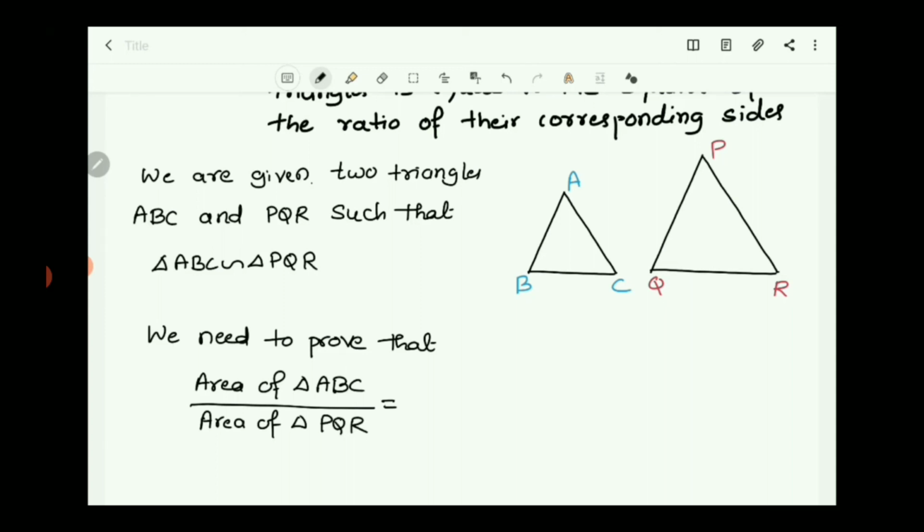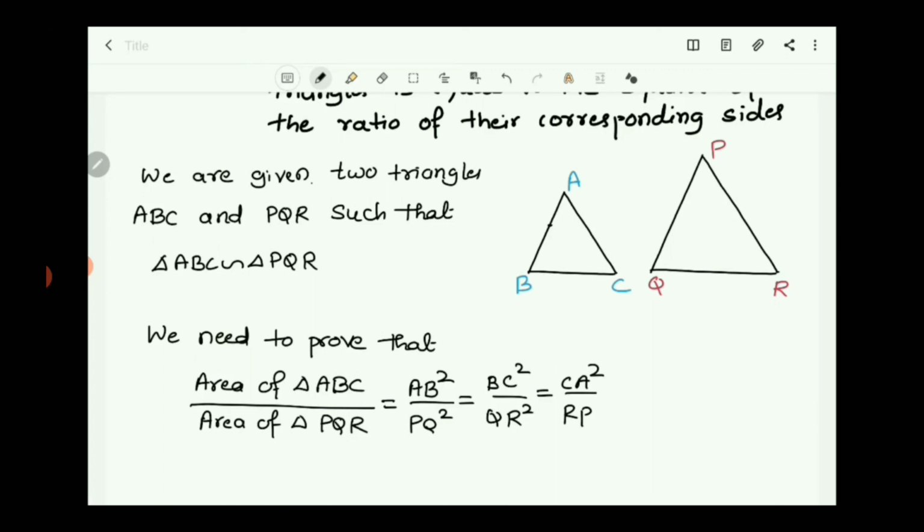You can take AB and PQ. So you can write AB square by PQ square. And two more pairs of corresponding sides are there. Let us take BC and QR as the second pair. So it is equal to BC square by QR square, is equal to CA square by RP square.